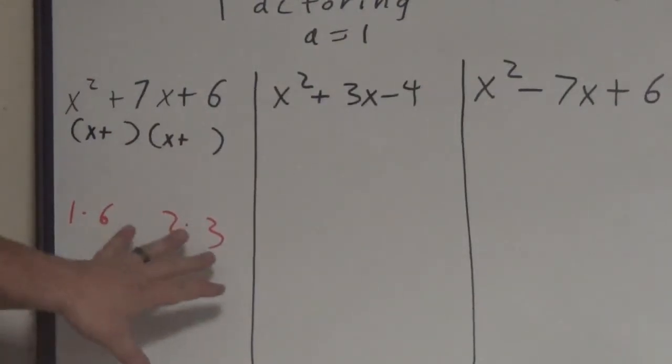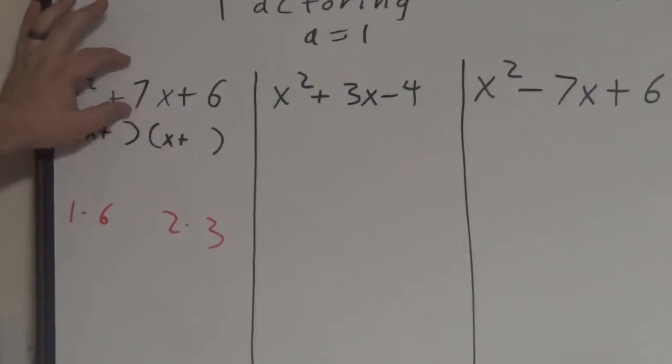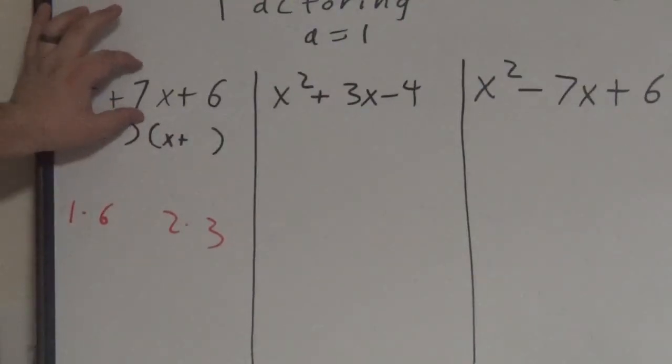So both of those pairs of factors are good, but we have to know which one to pick, and to find that we add each pair together and see which one gives us 7.